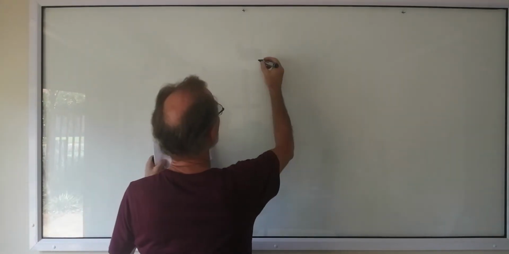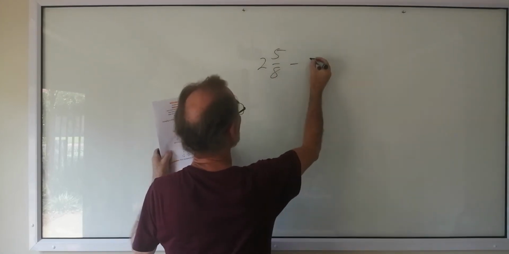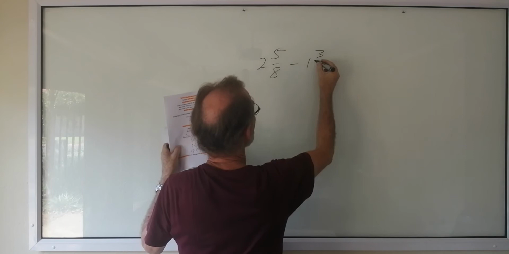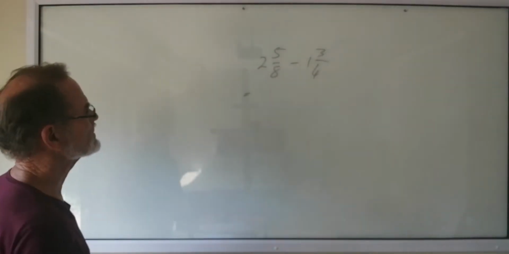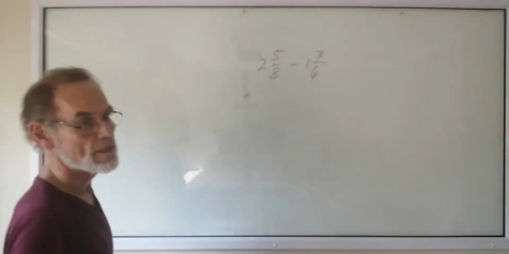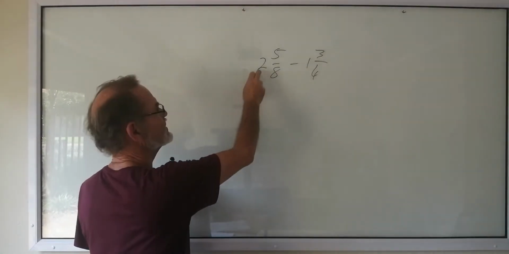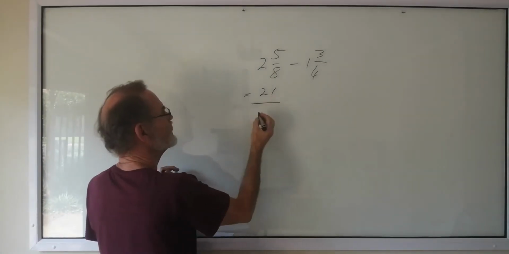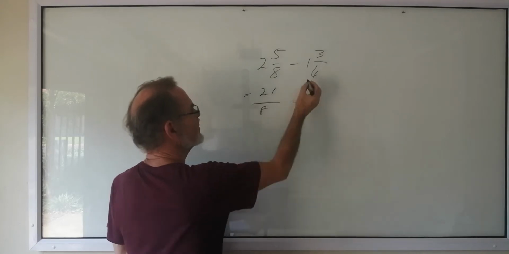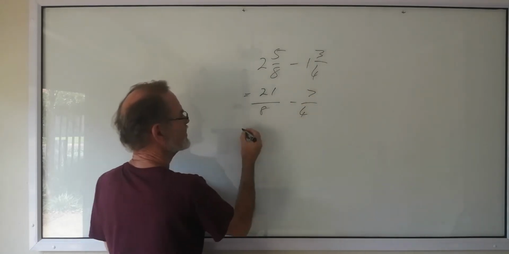We've got here 2 and 5/8 minus 1 and 3/4. First thing to do, change the mixed numbers to improper fractions. 8 twos are 16, 16 and 5 is 21 over 8 minus 4 ones are 4 and 3 is 7 over 4.